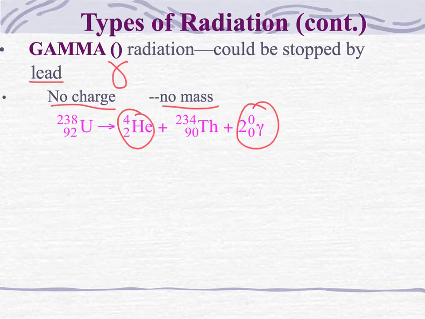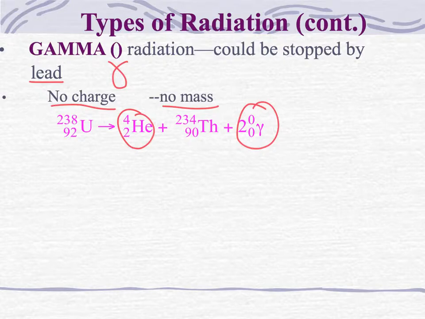Okay, so we just went over alpha, beta, and gamma. Out of all of them, alpha is the weakest because it only needs a sheet of paper to stop it. Gamma is the strongest. We need lead or even thick layers of concrete could also stop gamma radiation.